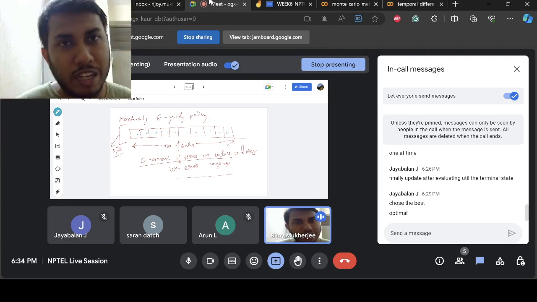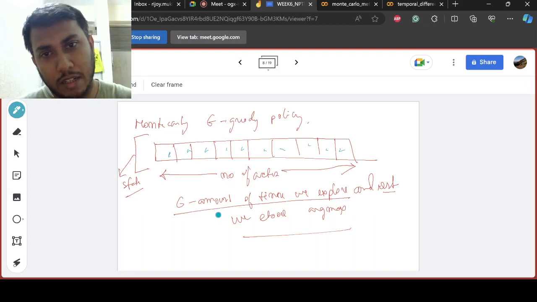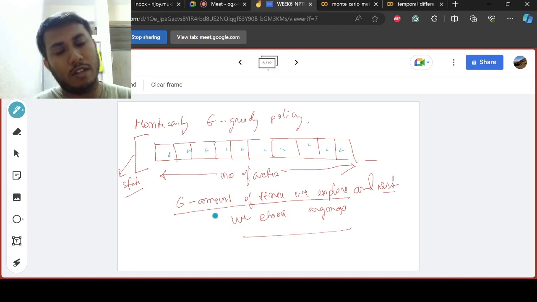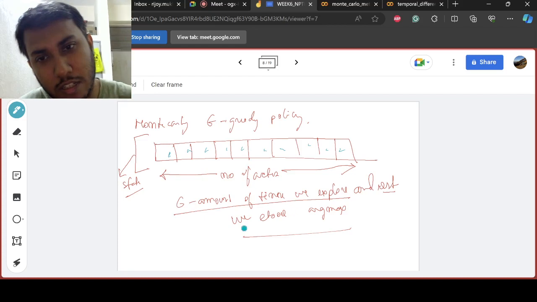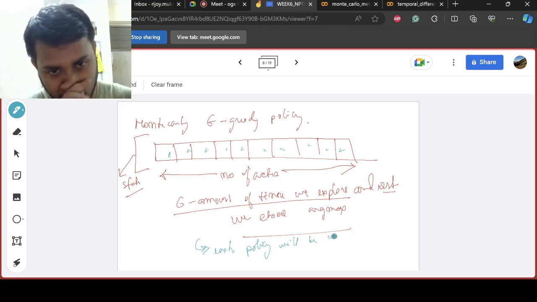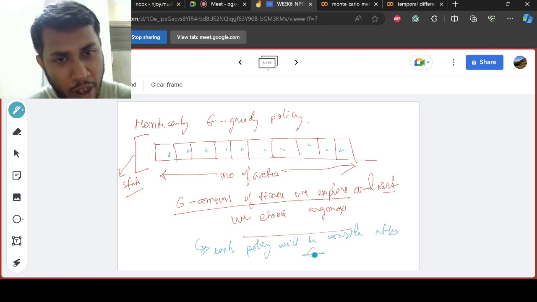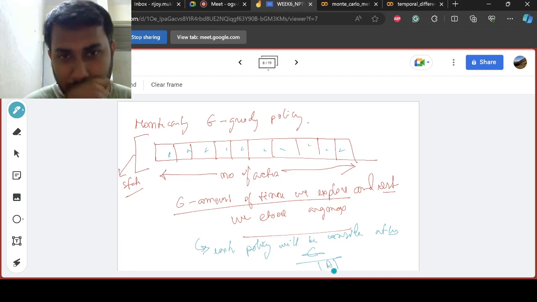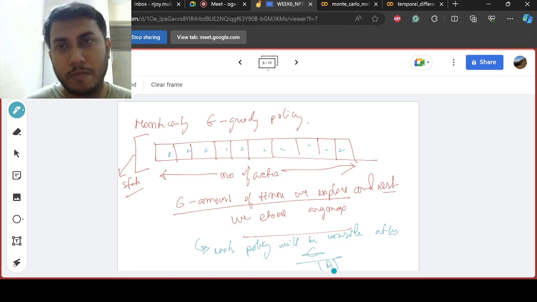What does this mean? In this entire statement, epsilon amount of times we explore and the rest we choose arg max. This is applied to each state, and each action will be considered at least by this amount. That means the total time you explore is epsilon. If there are a number of actions, then the total number of times you explore is at most epsilon divided by a, right?